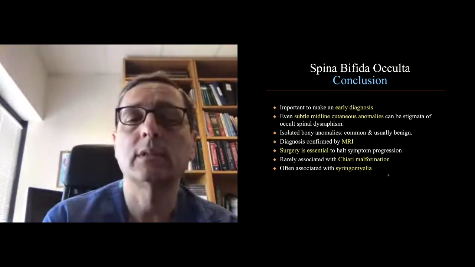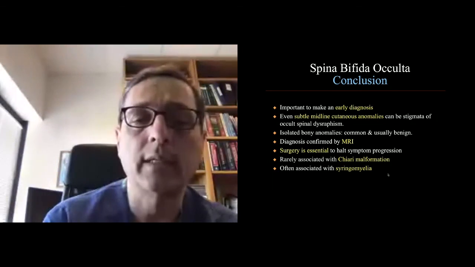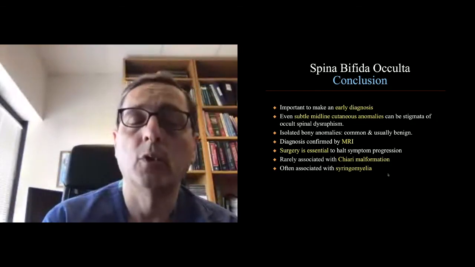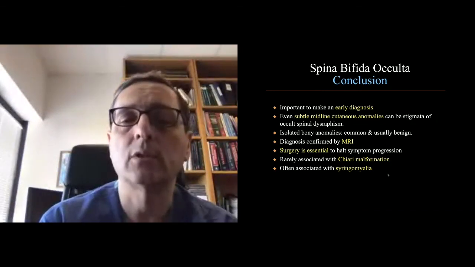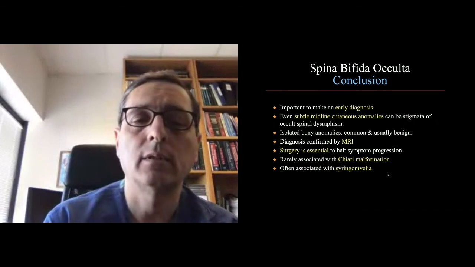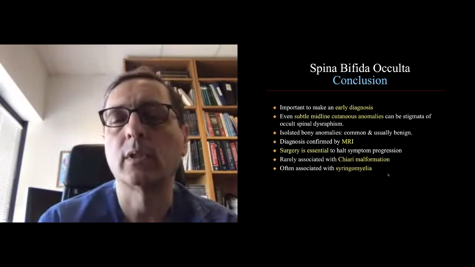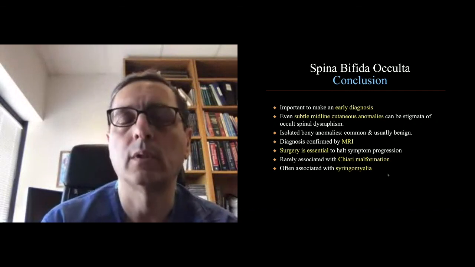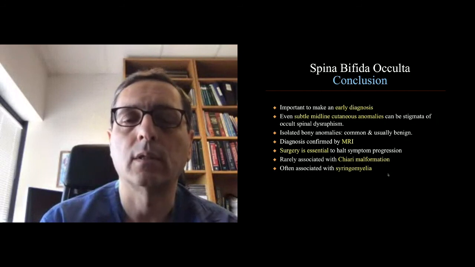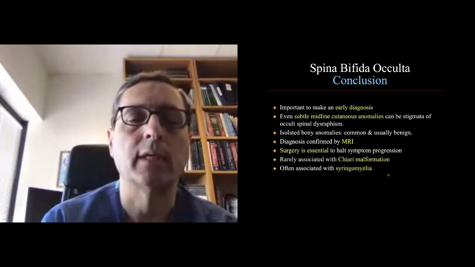The diagnosis is done by MRI. And most of us feel that surgery is essential in most of these children and some adults. These are rarely associated with Chiari malformations, but someone later will discuss the association and the controversies behind it.